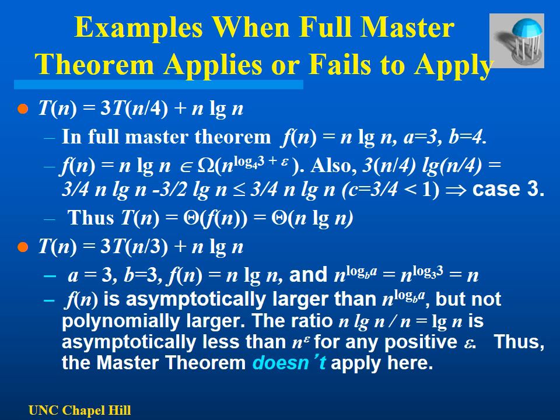But here it's not polynomially larger. Put another way, the c condition doesn't hold. c becomes 1 rather than 3/4, and 1 is not less than 1. And so the master theorem doesn't apply, and you don't have an ability to use the master theorem to solve that recurrence relation.